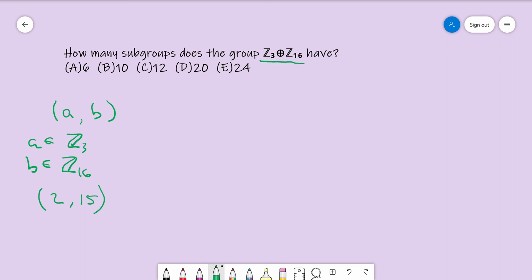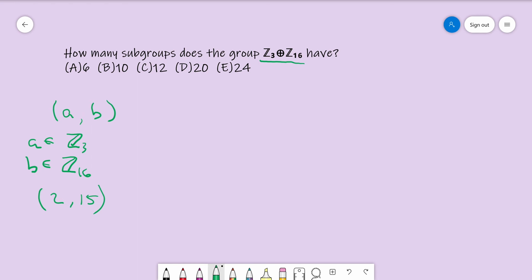Now, you have to remember a couple of things to solve this problem. The first thing you have to remember is that Z3 plus Z16, all these Z's, they're abelian. In other words, they're commutative.